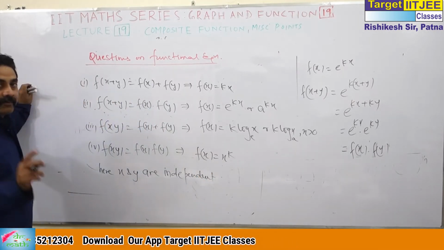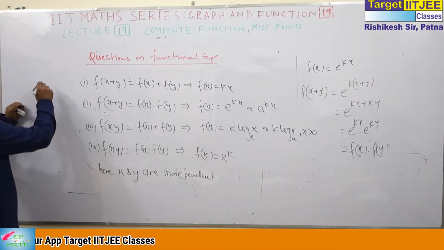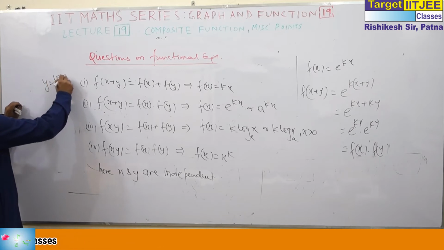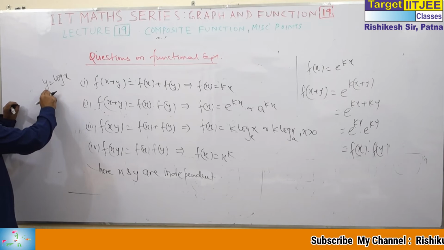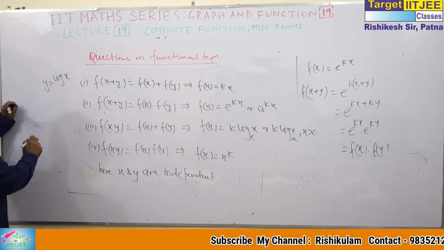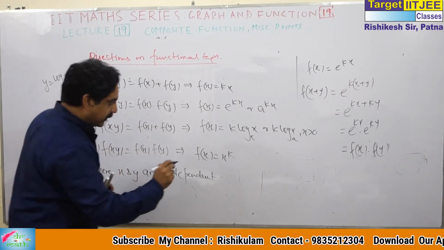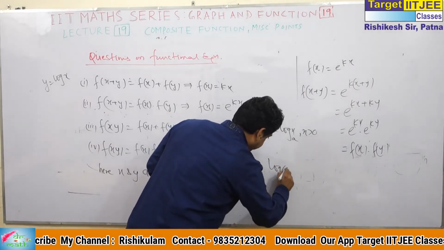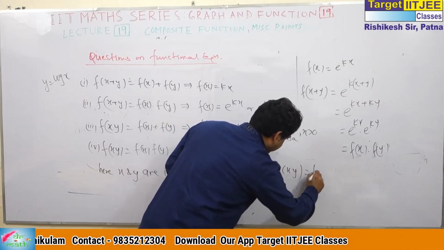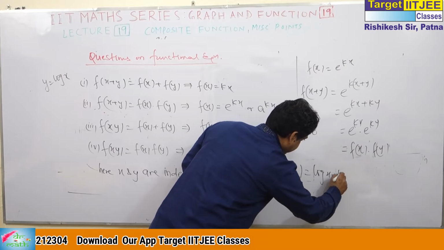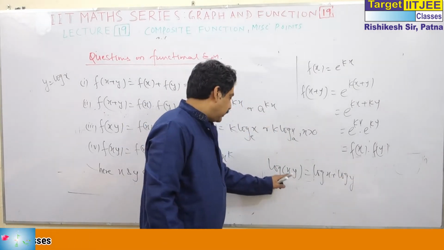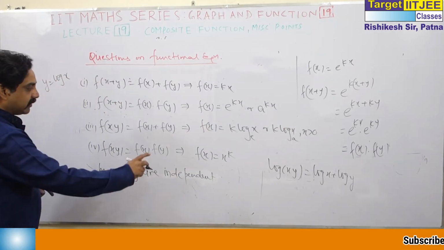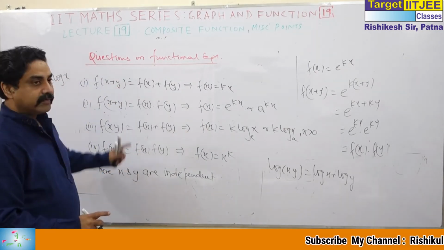When we write y = log x, as we put the value of x, we get the value of y. This is dependent. But when we write log(x+y) or log(xy), we can put the values of x and y independently. So in all these situations, x and y are independent. So this is a functional equation.